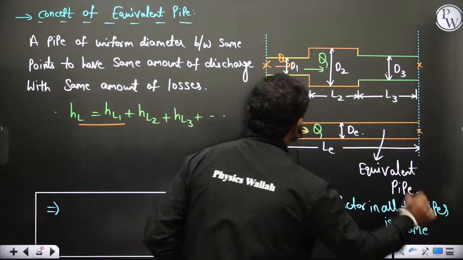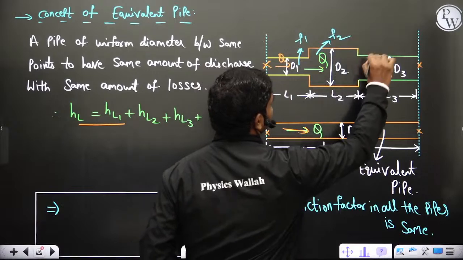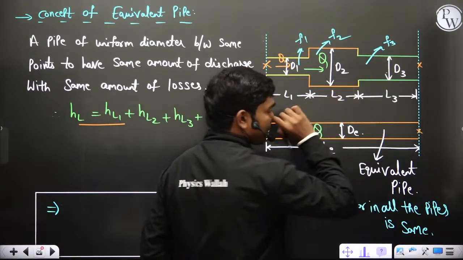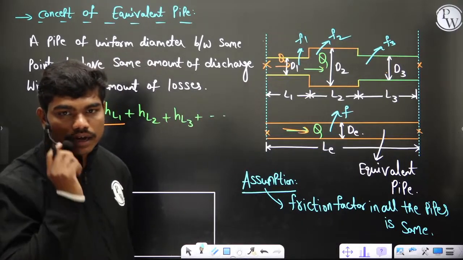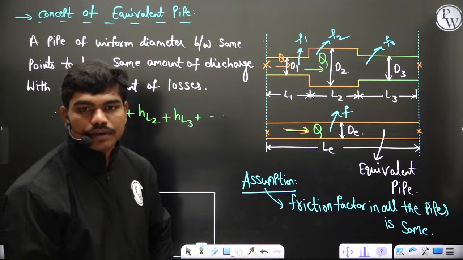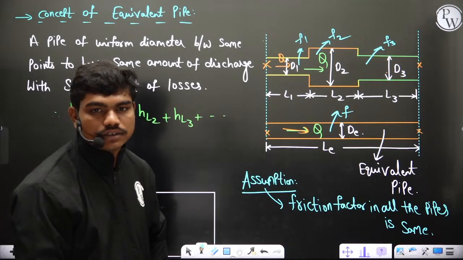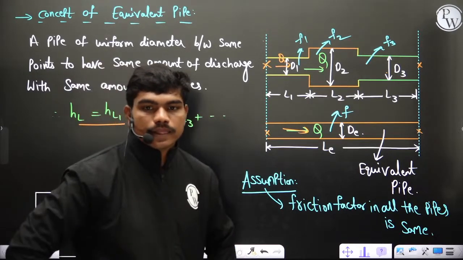Means basically here F1, F2, all these things should be same actually in that case. Okay, yeah, clear? Q varies in the equivalent pipe? No, Q should be same actually.